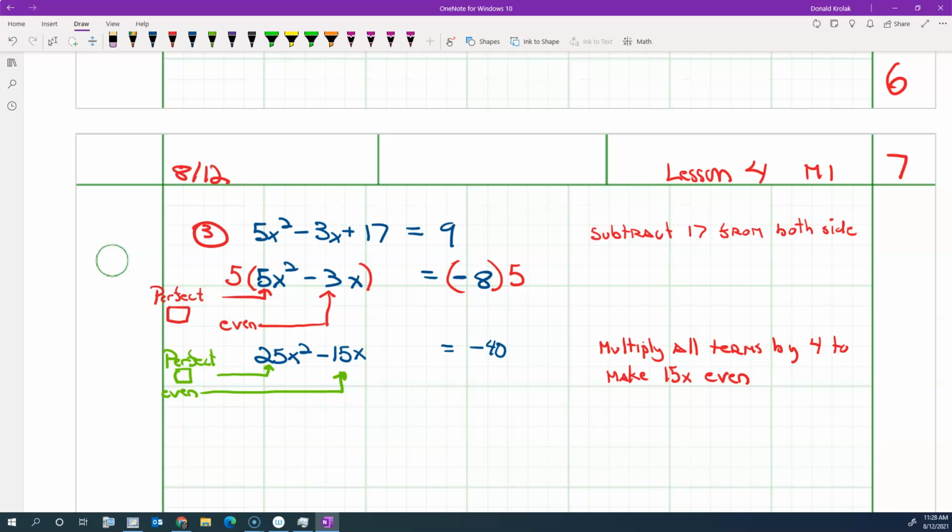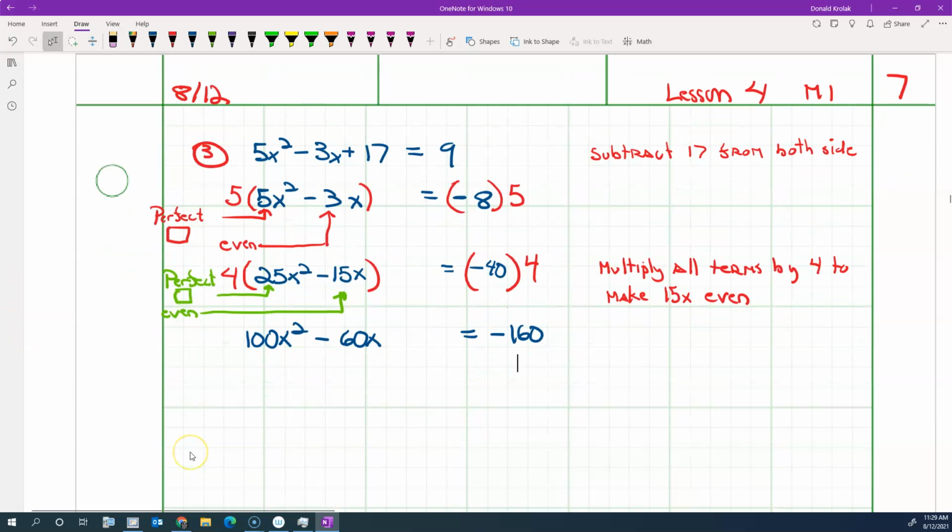All right, and then it's ready to roll. Okay, so this whole thing gets multiplied by 4, that gets multiplied by 4. And now we got 100x squared minus 60x equals negative 160. Now it's ready to roll. Okay, now we got exactly what we want. Perfect square and even.